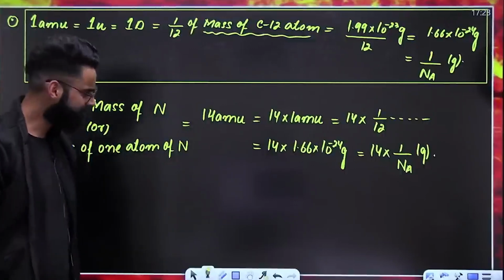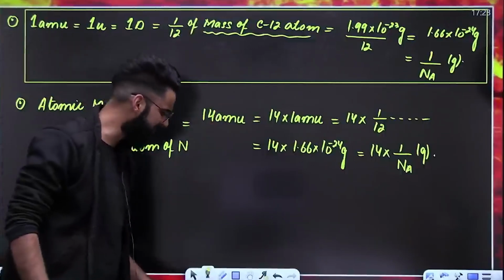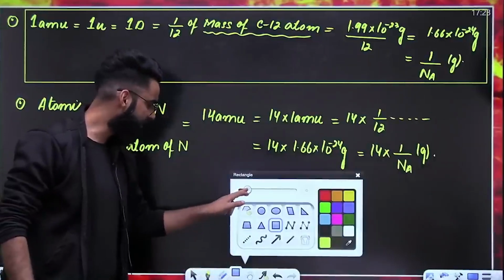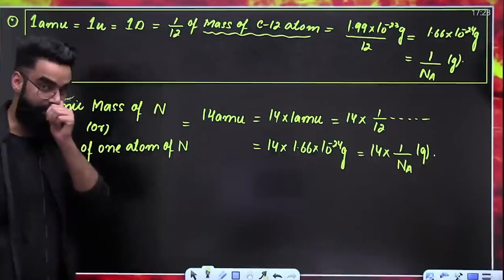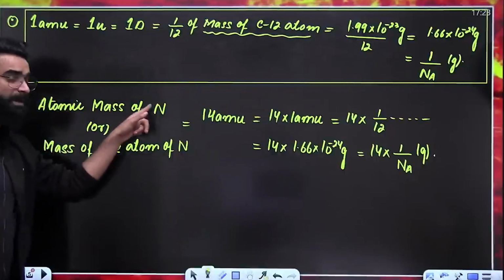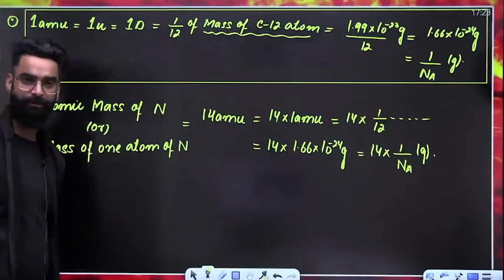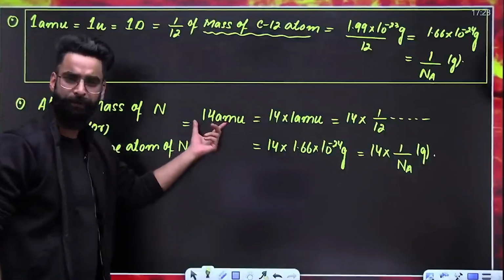The point is, what is meant by all these statements? Let's have a look. I wrote the term atomic mass of nitrogen, which means I'm talking about the mass of one atom of nitrogen, which comes out to be 14 AMU.